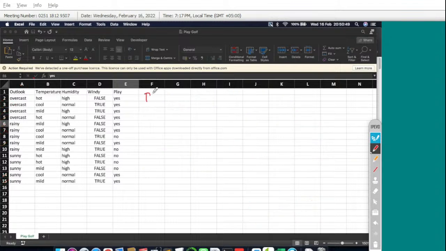Now, the probability to play if we have all the factors in consideration, meaning outlook, temperature, humidity, and windy. So how do we calculate this?